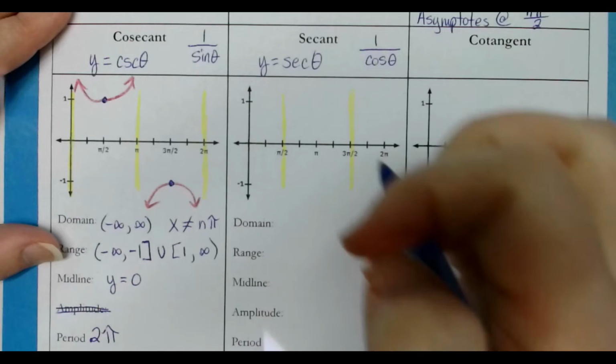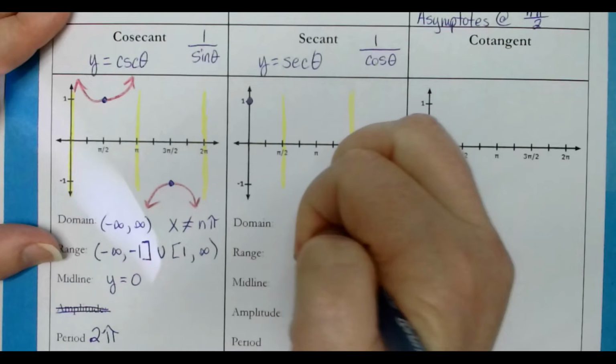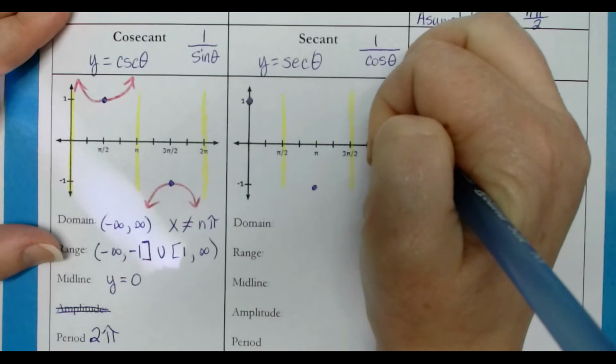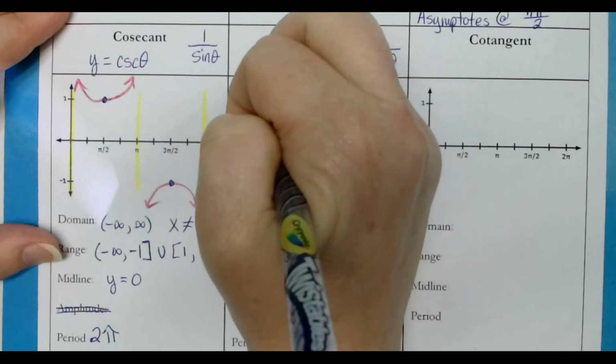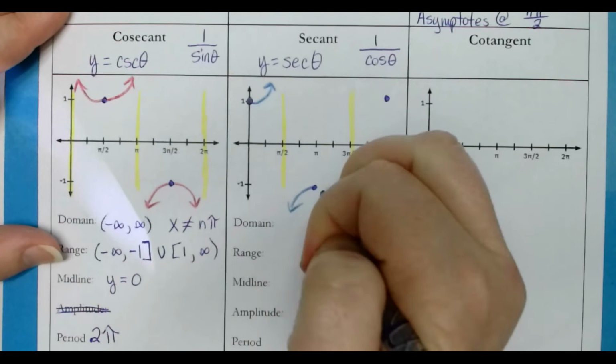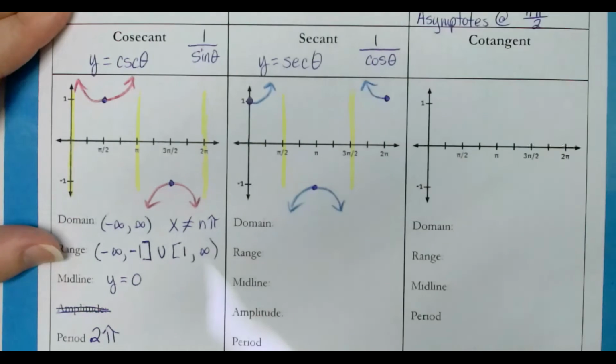And now we would have our values of 1, negative 1, and positive 1, because 1 divided by 1, we flip it, we still get the 1. So my secant looks very similar to my cosine. All we did was cut the wave in half, flip the top part up, flip the bottom part down.